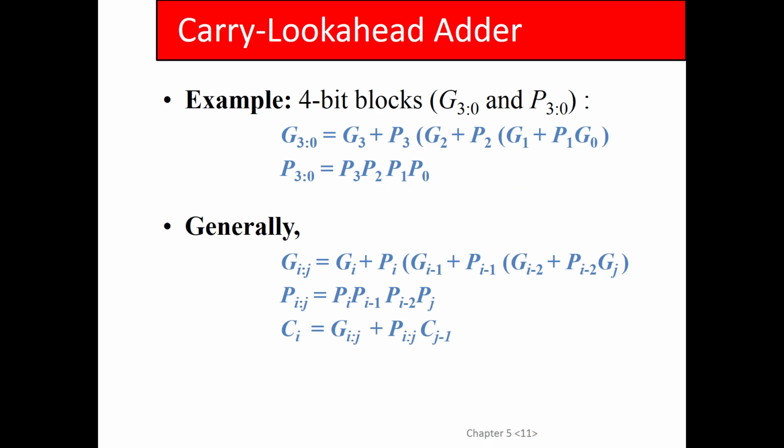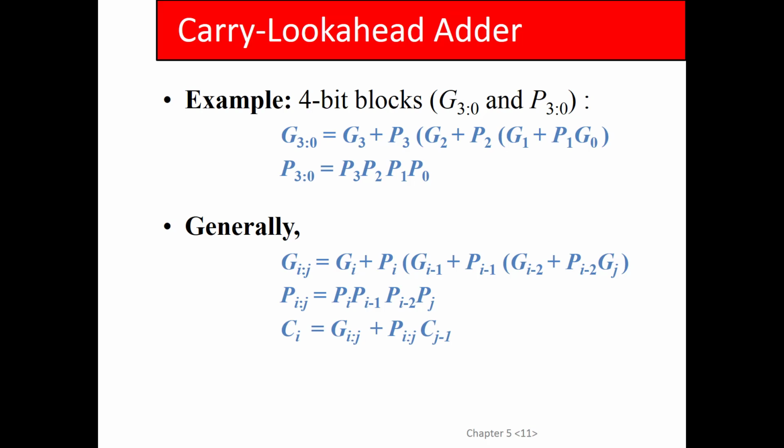You guys see that? So propagate is like, if all the propagates are set, I'll propagate all the way through all 4 bits. Generate is a little bit more complicated because it depends on if I have a generate inside the group of 4 bits and propagates out to its left, then I'll generate out, right?